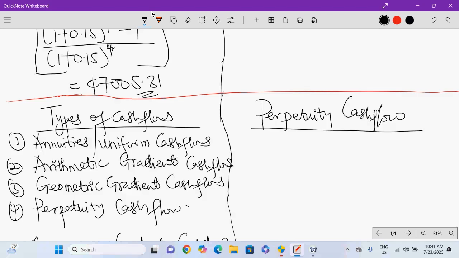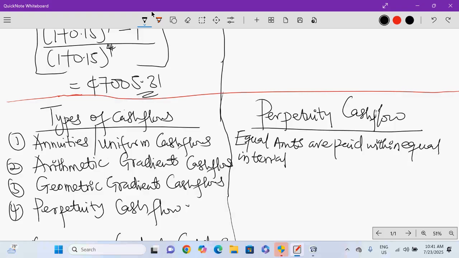So with the perpetuity cash flow, equal amounts are paid within equal intervals forever. So you are paying the amount forever. You pay it till you die, like forever, right?